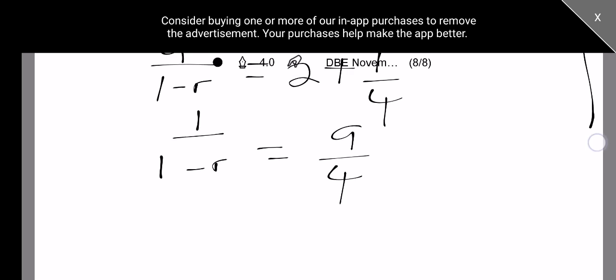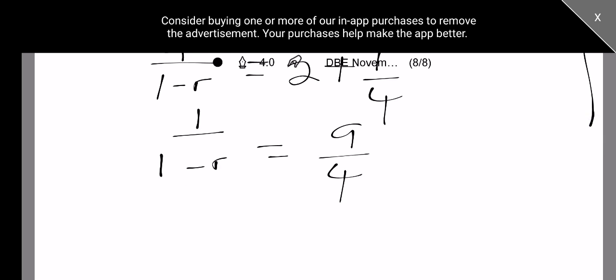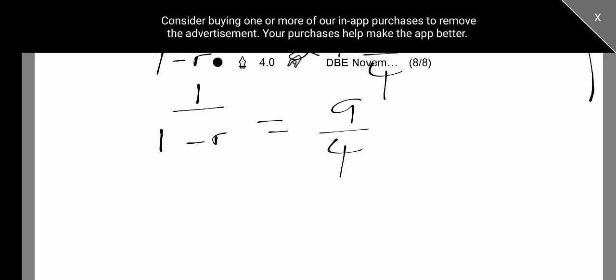Now let's simplify, cross multiply. We're going to have 9 minus 9r equals 4a.